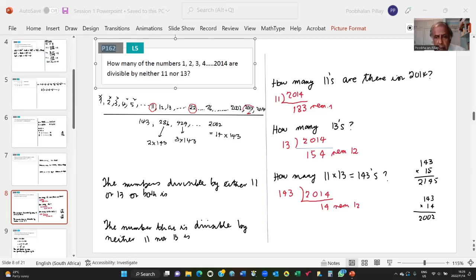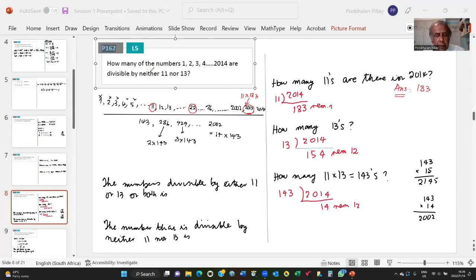And then you add 1 to that, you get to this. So the number of 11s is 11, 22, and so on, going all the way up to 183 times 11. And the answer to this question is 183. So there are 183 11s in 2013.